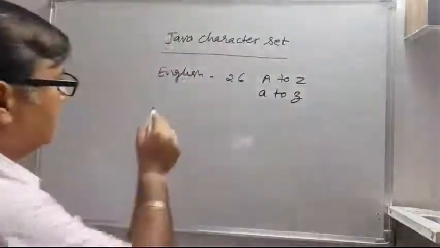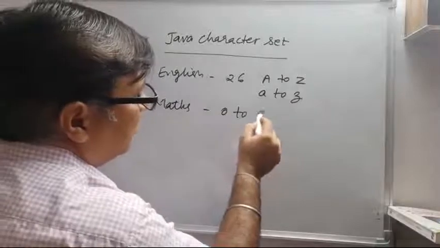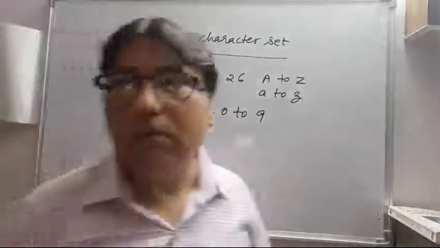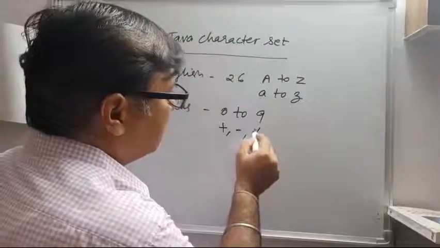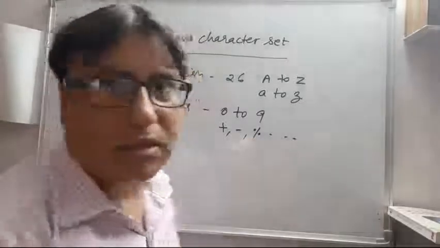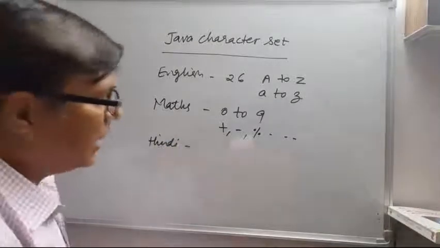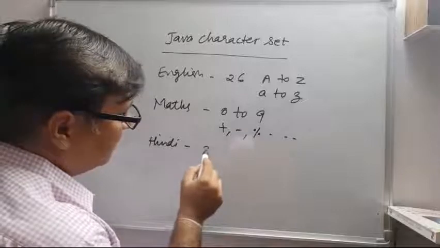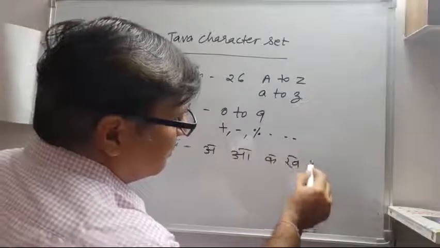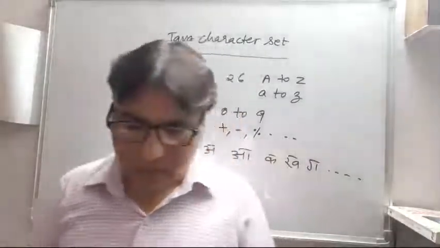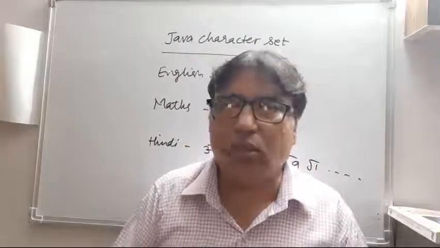Similarly, mathematics is a language and it has 0 to 9 as the numbers, including some symbols, etc. Similarly, Hindi is a language which has character sets like etc. So every language to express anything has its own character set.